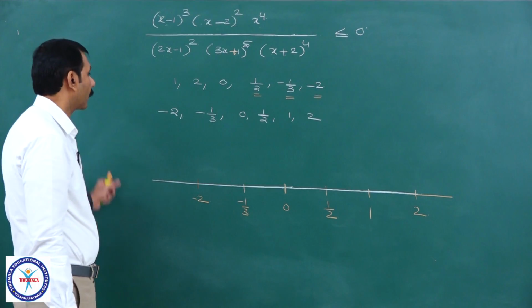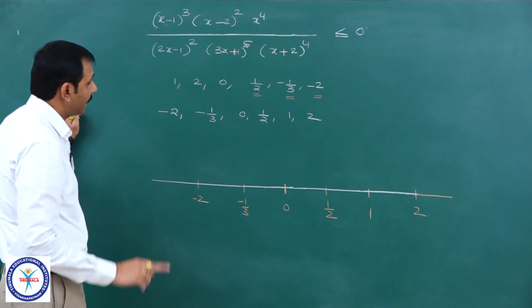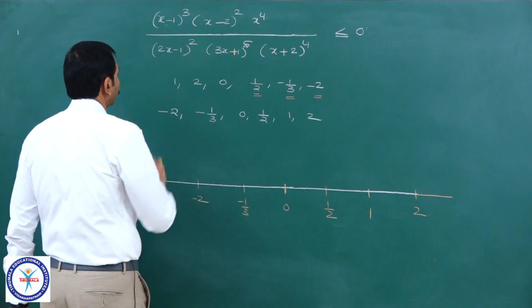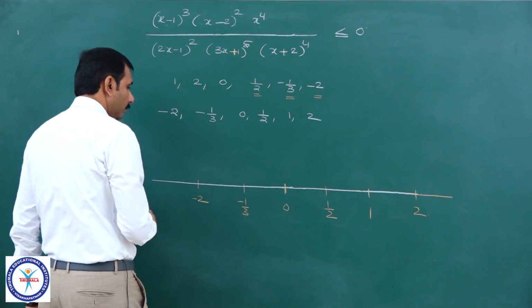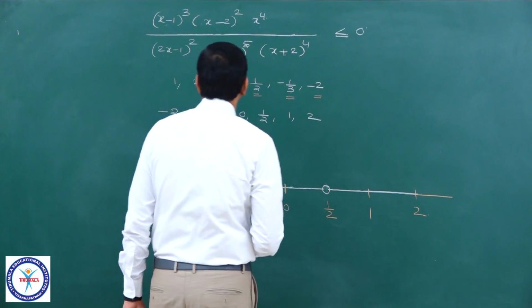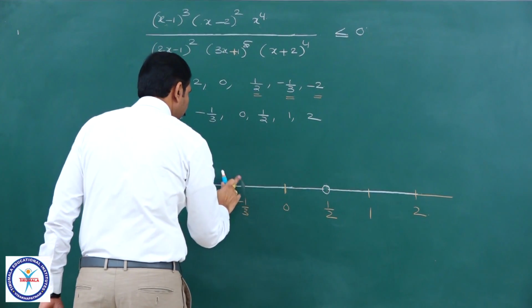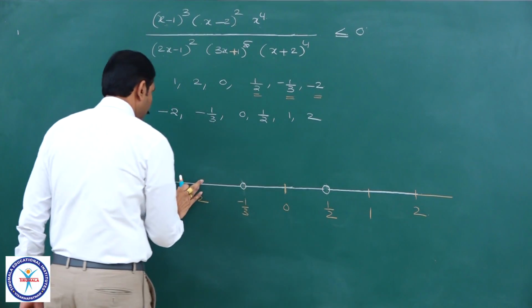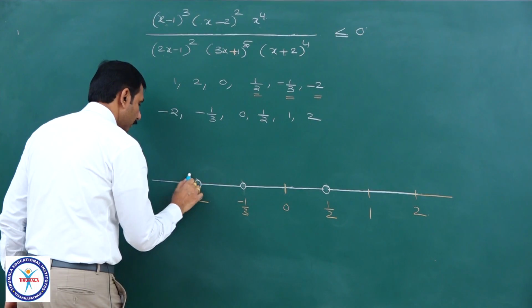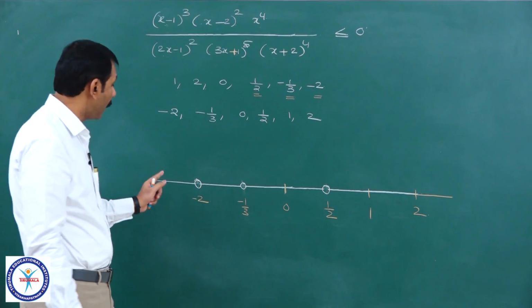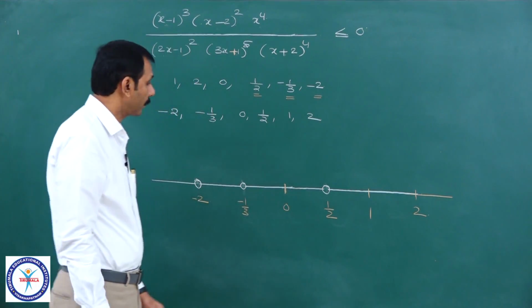Right, now observe what the points of discontinuity are, that is, the zeros of the denominator: 1 by 2, minus 1 by 3 and next minus 2. Yes, these are the zeros of the denominator, therefore you mark them with open circles.